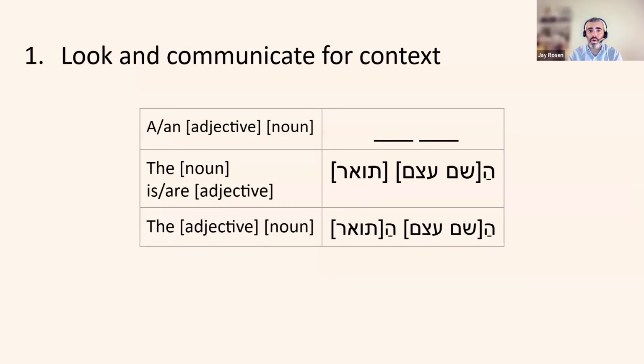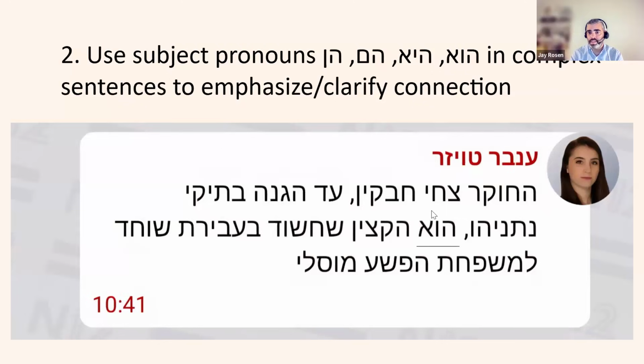So if one, we read for context, two, we can use this in more complicated sentences, especially those of you at a more advanced level in Hebrew, right? If we want to add, as you saw here, a clause in the middle to further illustrate who this person is, we can use one of these pronouns.